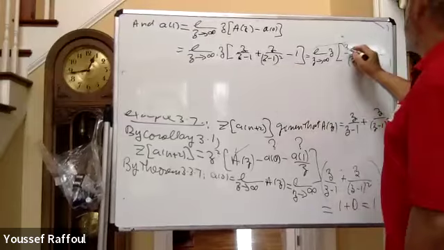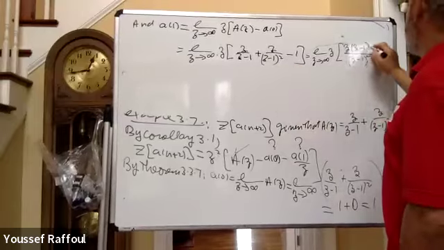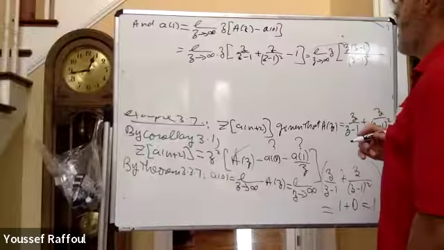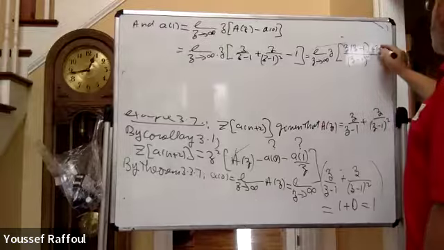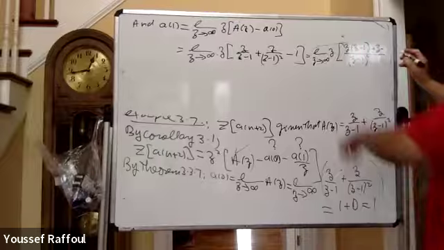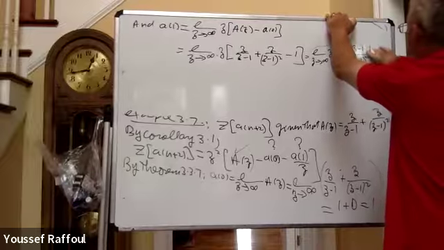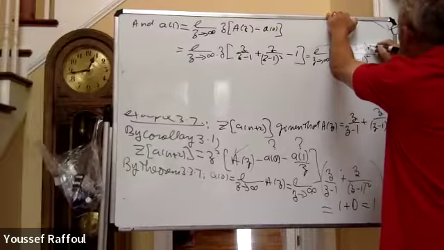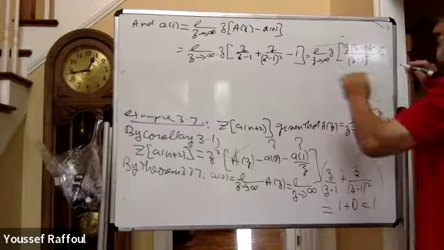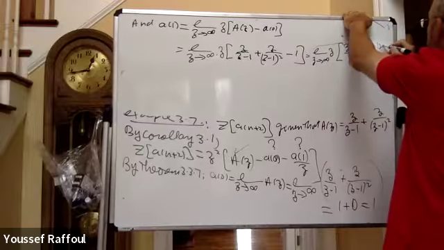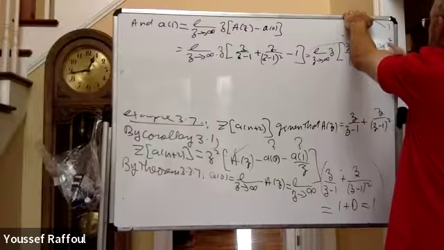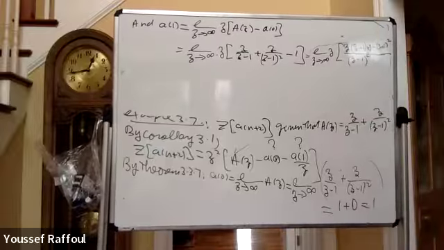That will be z times (z minus 1) plus z minus (z minus 1) squared. You see, I took a common denominator.